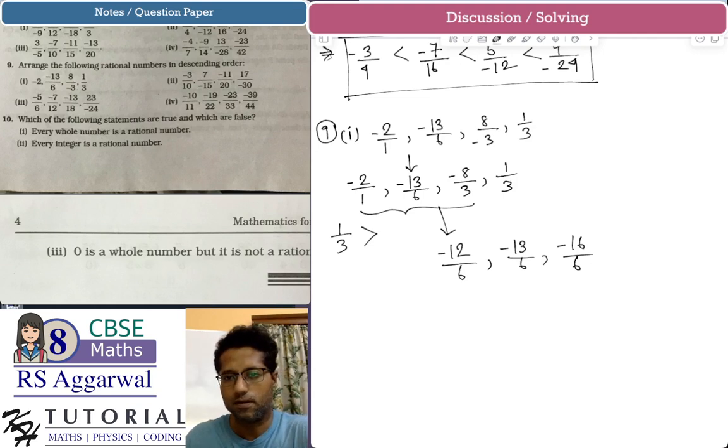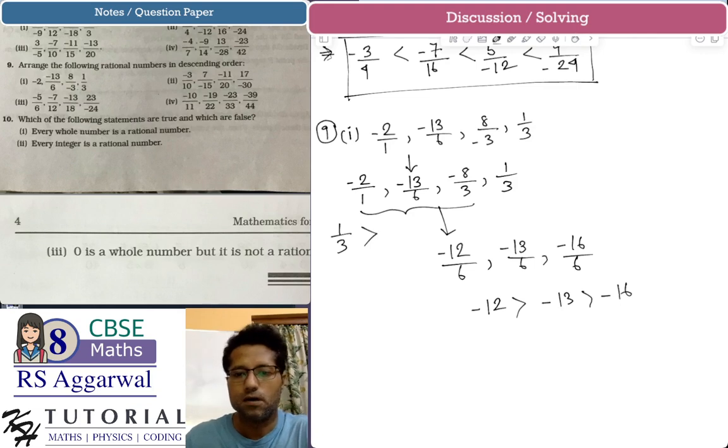Among minus 12, minus 13 and minus 16, minus 12 is greater than minus 13, which is greater than minus 16. Hence minus 12 by 6 is greater than minus 13 by 6, which is greater than minus 16 by 6.